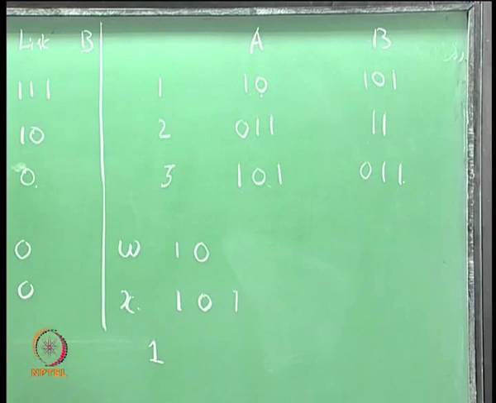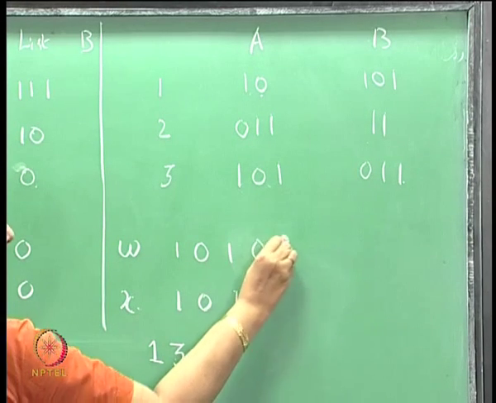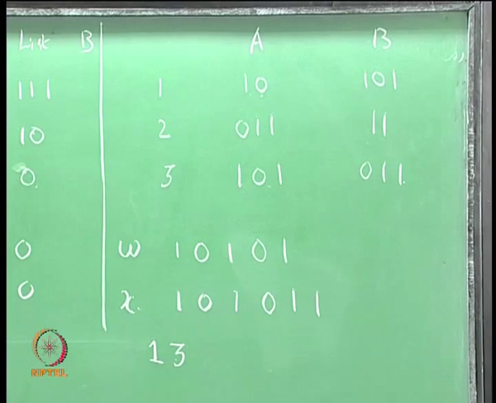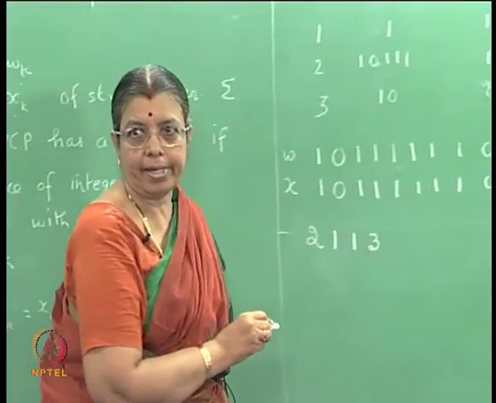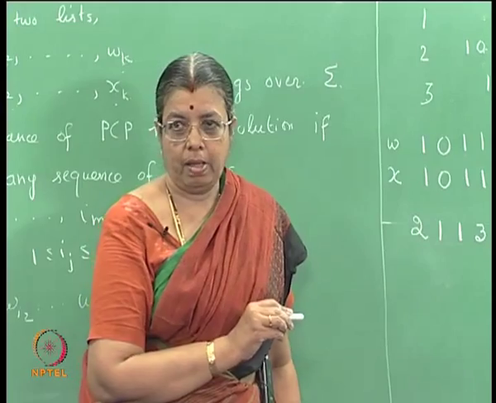one, I have to use 3 only. If I use 3, I will get 1 0 1 0 1 1. The two strings match up to this point, but the X string is slightly longer. Now, the same situation has come.